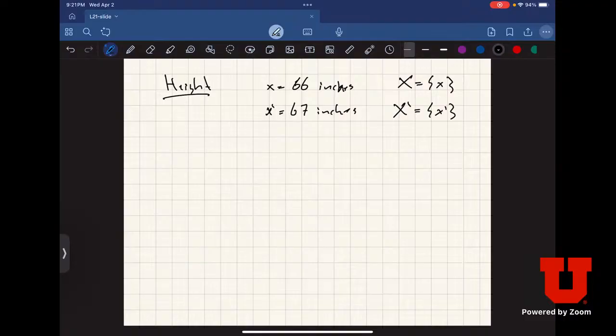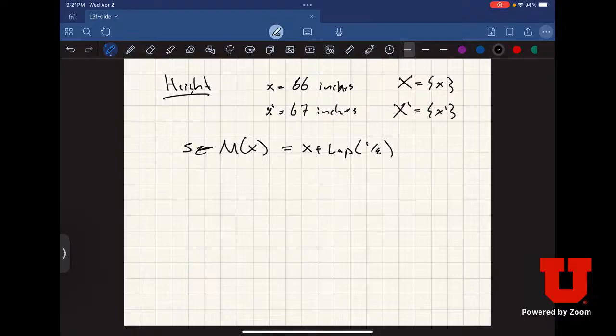You say, well, I'm going to release a measurement of the height, but I'm going to add noise to it. So my mechanism is going to get S. It's going to be a mechanism on the value x here, and this is going to be equal to x plus some Laplacian noise with the value 1 over epsilon. So if their height is 66 inches, I'm going to add noise to it, and they're not going to actually know what the actual height is.